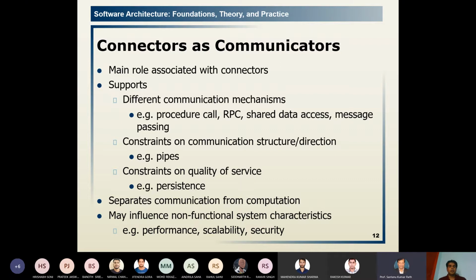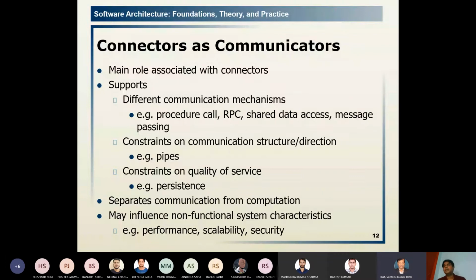We have functional activities and non-functional activities. We discussed previously performance, scalability, security, quality of service. These are non-functional properties: performance, scalability, and security. So it also helps to influence the non-functional properties, NFPs.